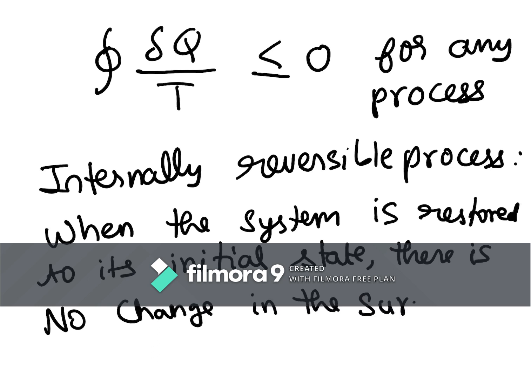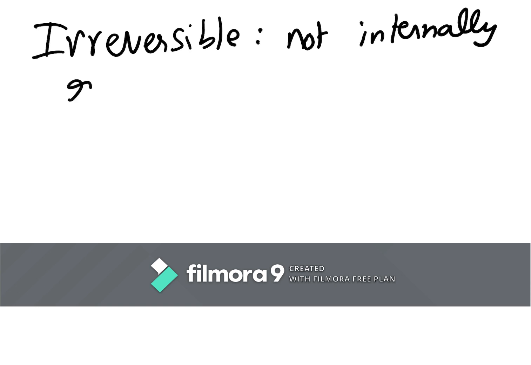That is, both the system and the surroundings are restored to the initial state without any change. Such a process is called an internally reversible process, and anything is irreversible if it is not internally reversible.